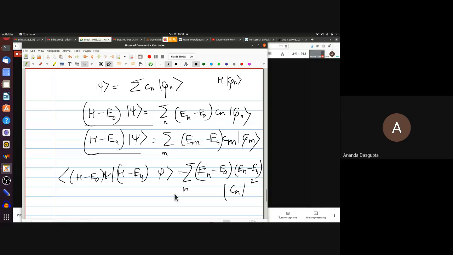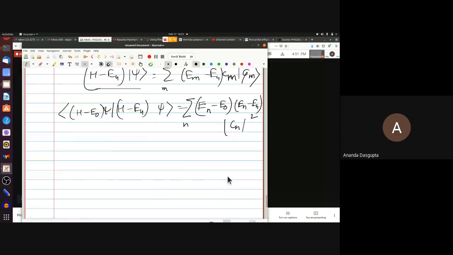But now comes the important question. When I use E1 here, I could claim that this is greater than or equal to 0. But can I do that now?